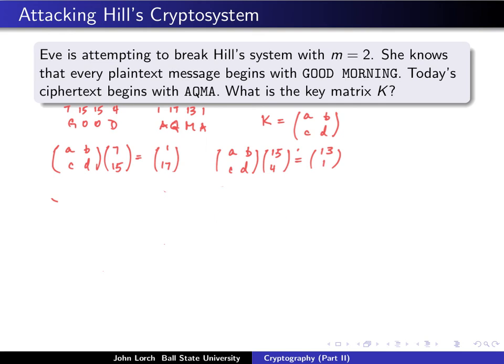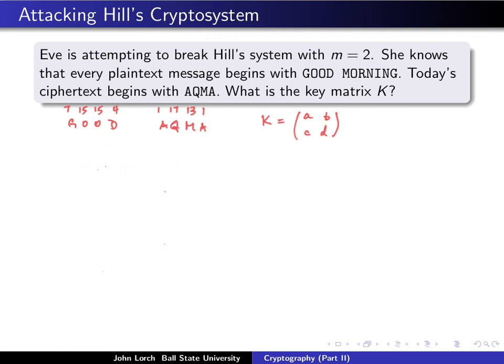Okay, so remember our goal is to find this key matrix, A, B, C, D, and we've done some calculations here that lead us to believe that there's this other matrix that if we can find its inverse, it will allow us to compute the key matrix. So the matrix in question that we want to invert, you might remember, is this one. It's 7, 15, 15, 4.